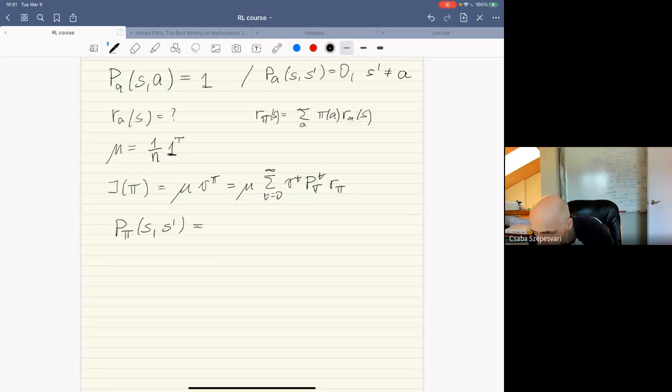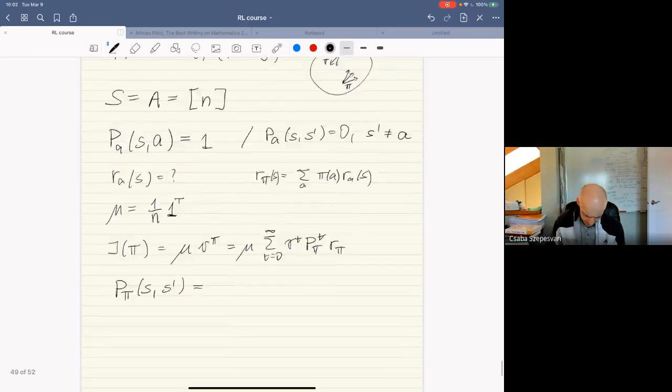All right, so Connor says that this is pi S prime given S. Okay, Mehran says it is the sum of pi A given S, P A S S prime. That's the definition. That's absolutely correct, Mehran. Connor, you said it's pi S prime given S. So what is pi S prime given S?